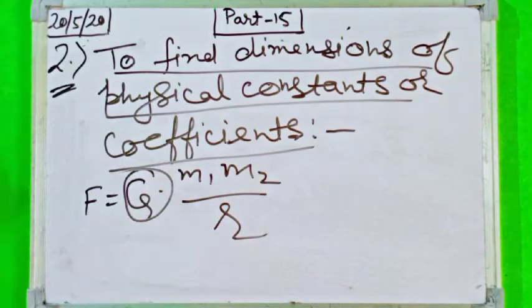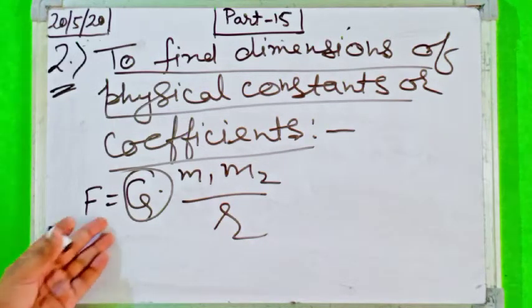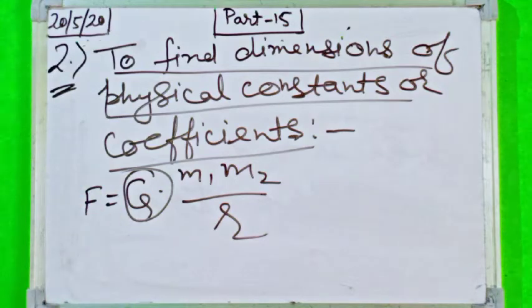Here G is the constant, so you have to find the dimensional formula for this constant. Similarly, for fluids there is the coefficient of viscosity. We have to find the dimensional formula by the use of the formula so used.